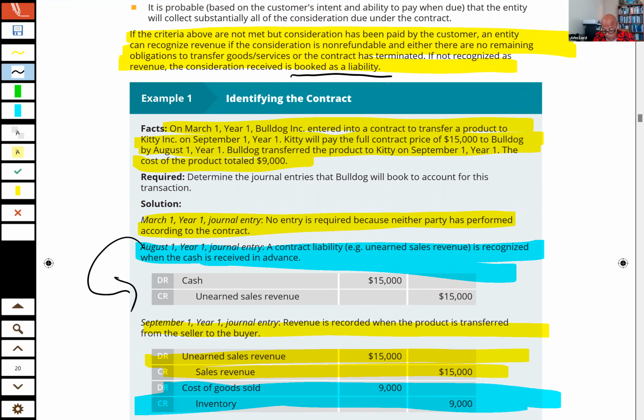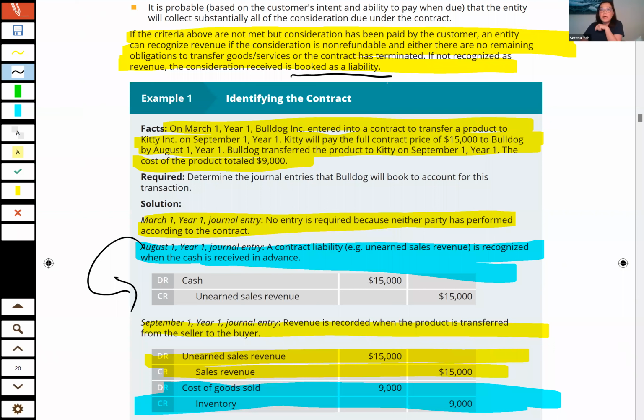If Bulldog took this money and told Kitty, too bad, I'm not giving you this product, what would Kitty do? Kitty gave Bulldog cash. This is nothing to think deeply about. You give somebody cash to do some work for you, and then the person says, I ain't doing the work. What would you do?